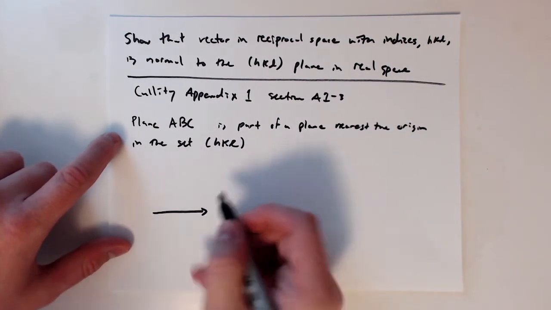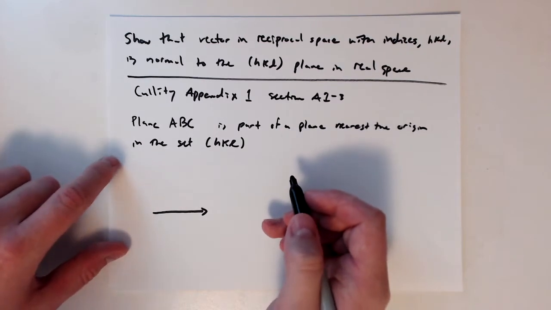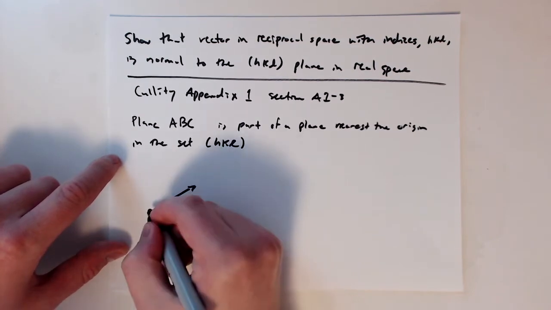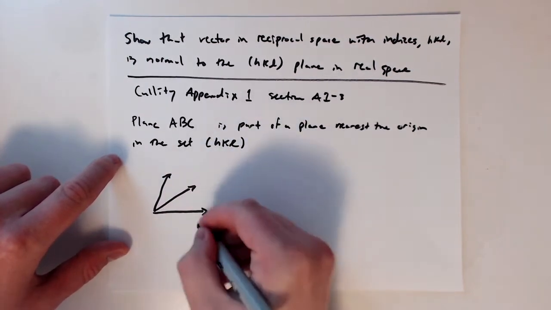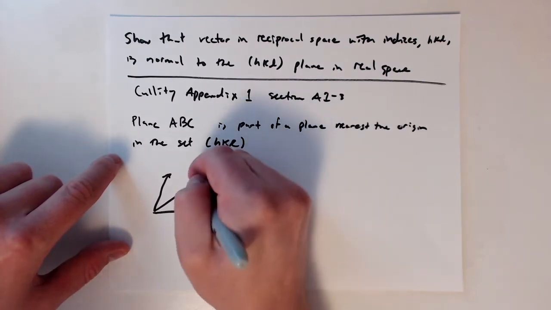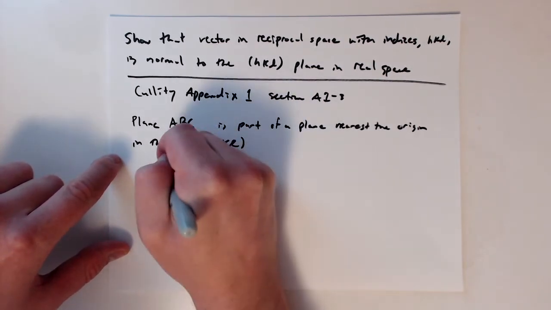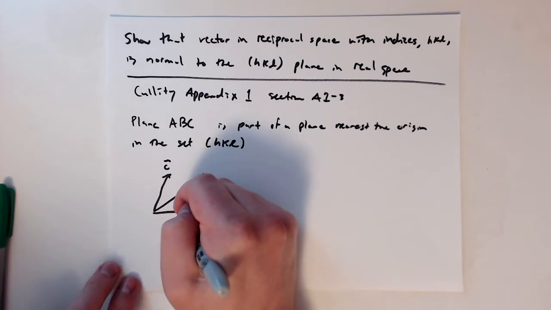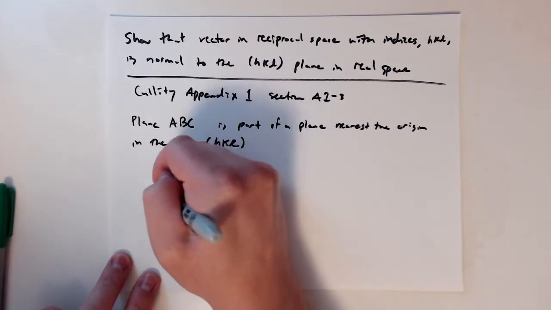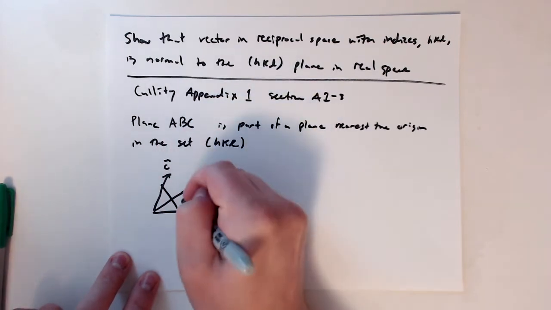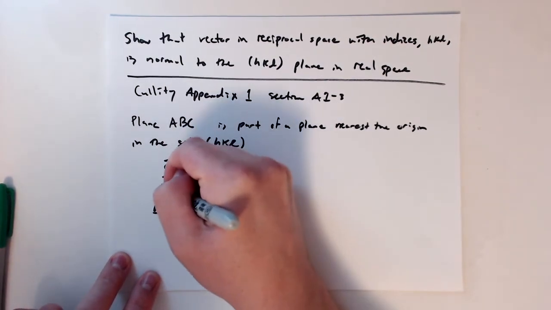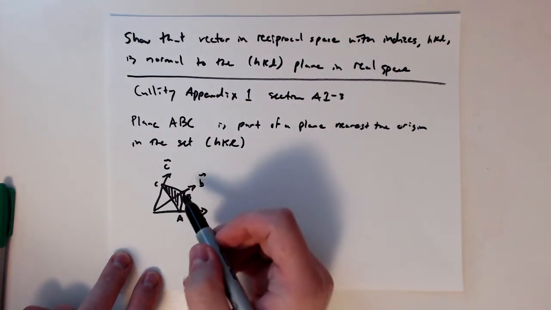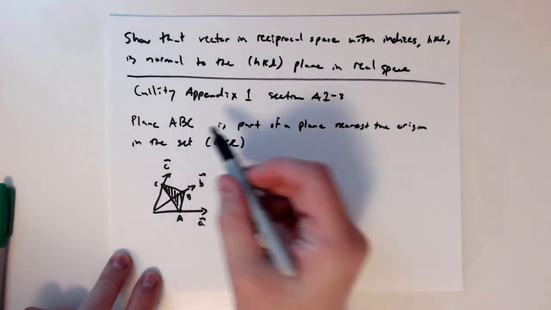I'm going to define my basis vectors. So this is A, B, and C. So this is my plane ABC. Basically those points A, B, C. So that's where I get the plane ABC.